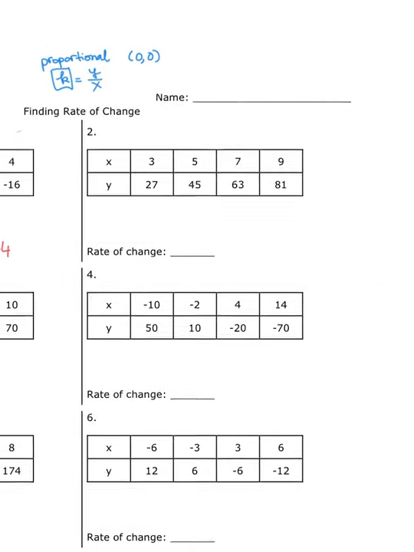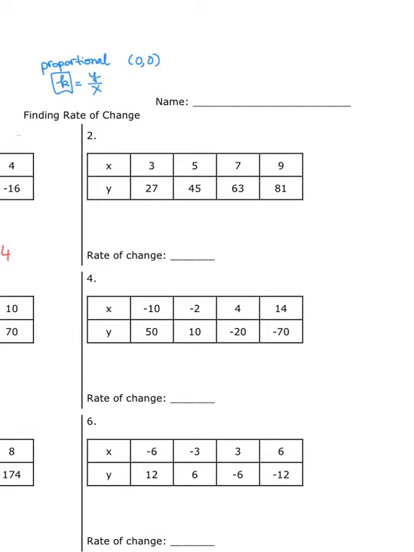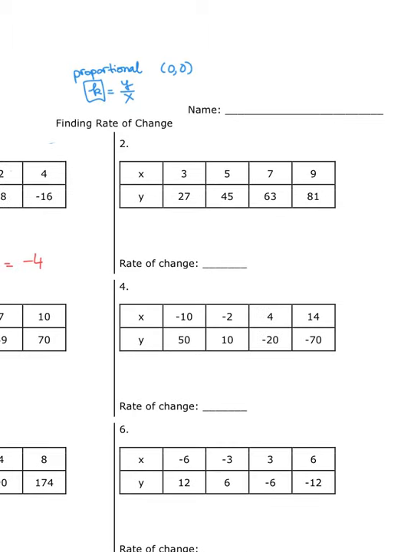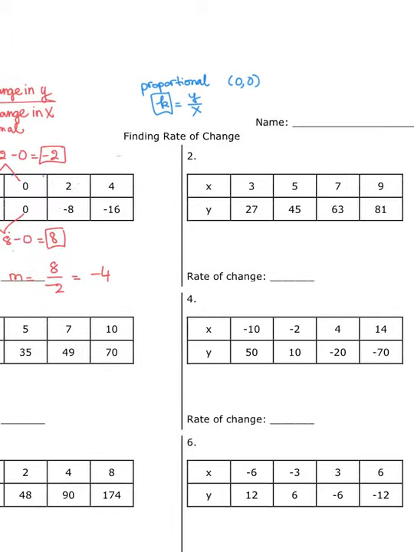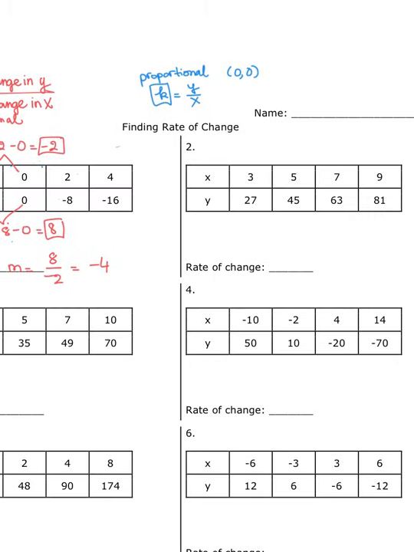Number 2. So this one, you don't know if this is proportional or non-proportional because you don't see 0, 0, but you can check. 27 divided by 3 is 9, 45 divided by 5 is also 9, 63 divided by 7 is also 9, 81 divided by 9, you got 9.